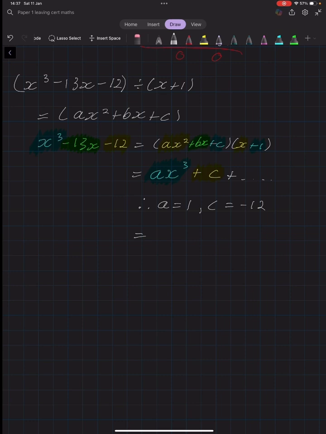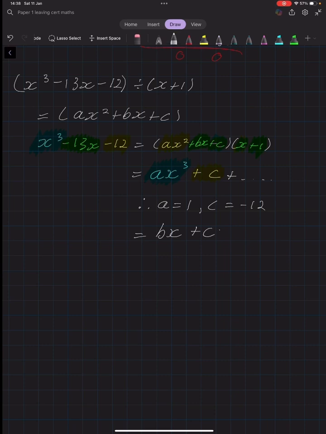The only way I can get an x is if I do my bx multiplied by a plus 1, which will give me bx. But also, I will get a linear term if I multiply this by this, because I get an x as well.